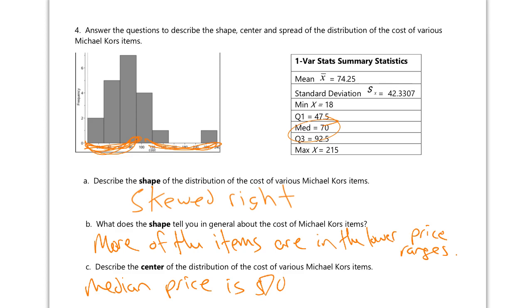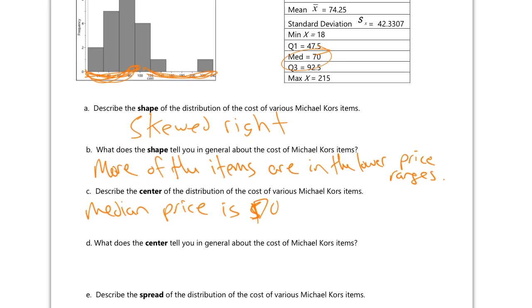What does the center tell you in general? It's a median, so we know that 50% of the items cost less than $70.